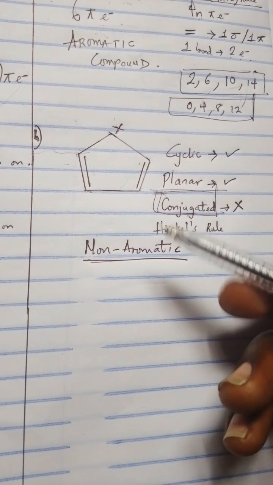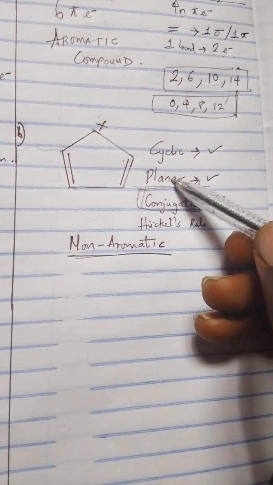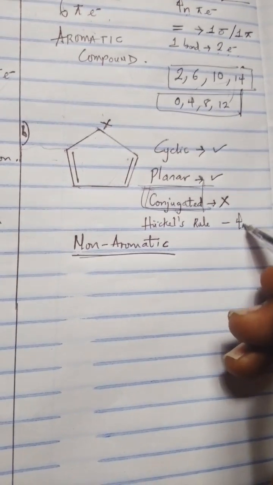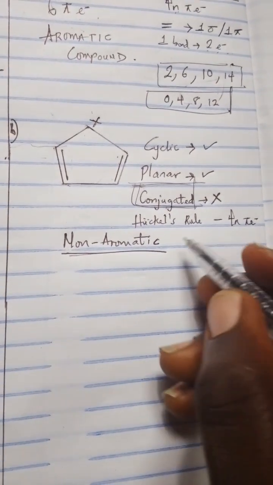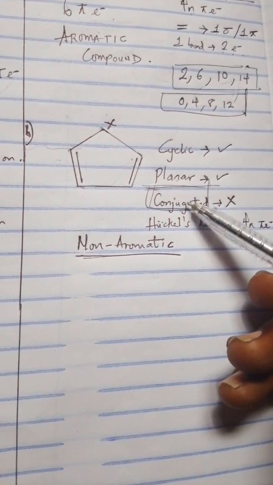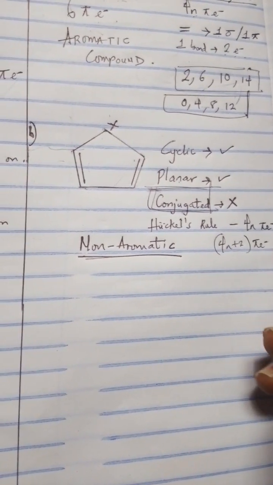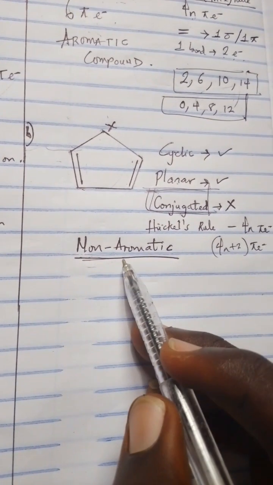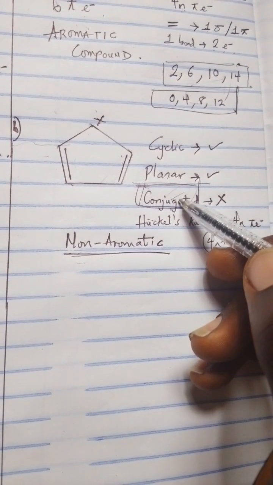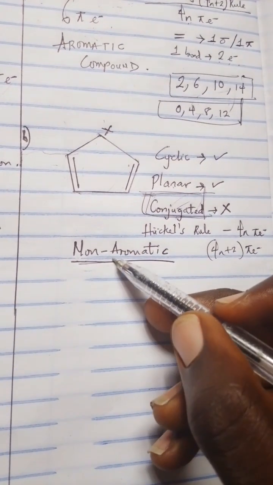For an anti-aromatic compound, it must be cyclic, planar, conjugated, and have Huckel's rule of 4n pi electrons. But for aromatic, it must be cyclic, planar, conjugated, and have 4n plus 2 pi electrons. But when we are talking about non-aromatic, it's not even conjugated, and if it's not conjugated, it is non-aromatic.